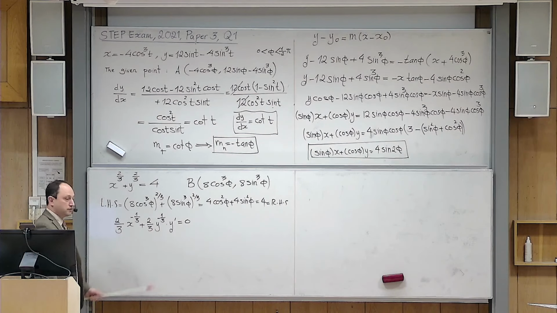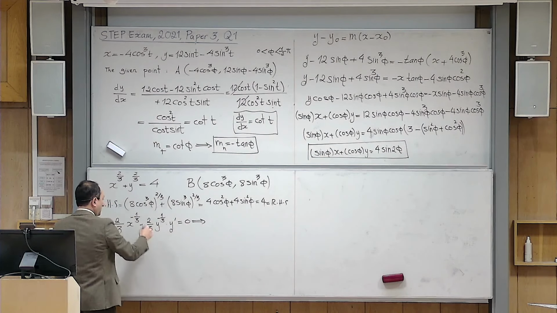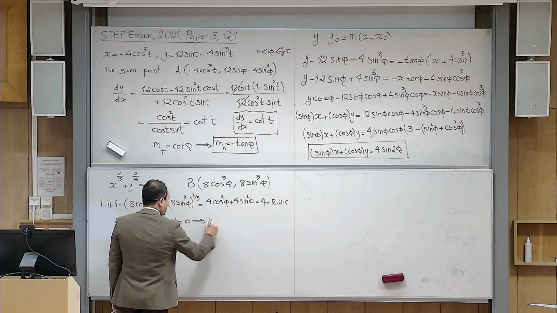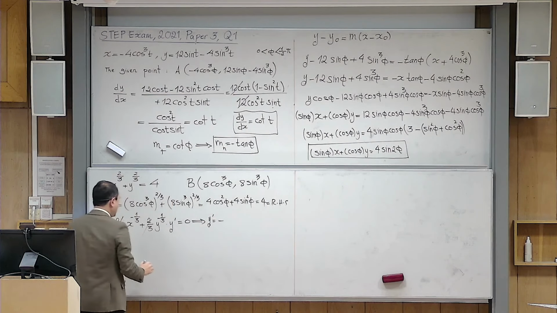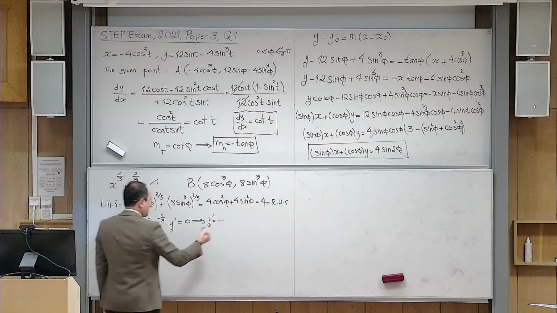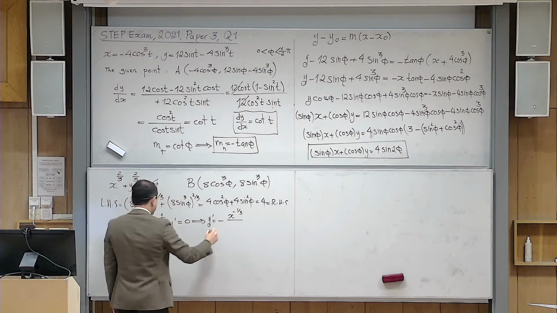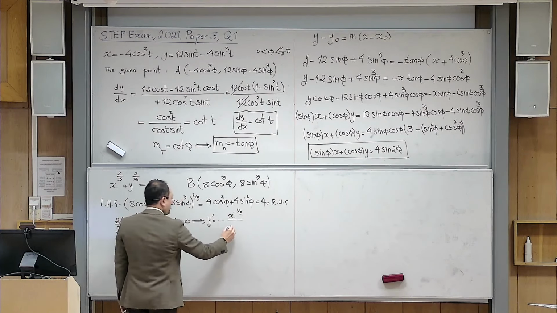And from this, I'm supposed to find y prime. So I move this term to the other side. These 2/3 are cancelled, actually. And then y prime becomes negative. You divide this by that, but because this is minus, that's minus, I flip that. So let me write it down. It becomes x to the power of minus 1/3 divided by y to the power of minus 1/3.